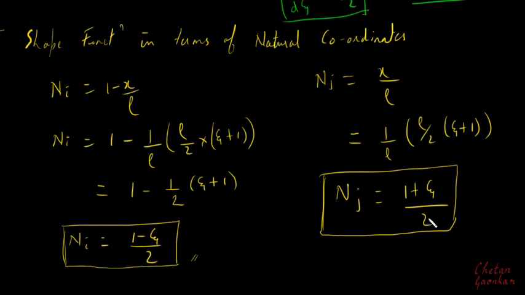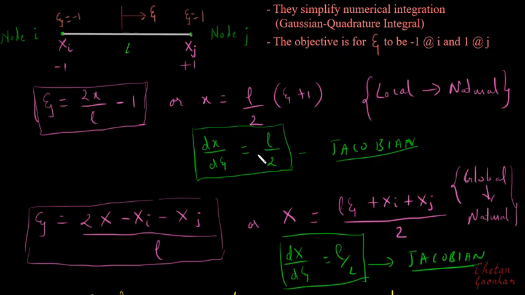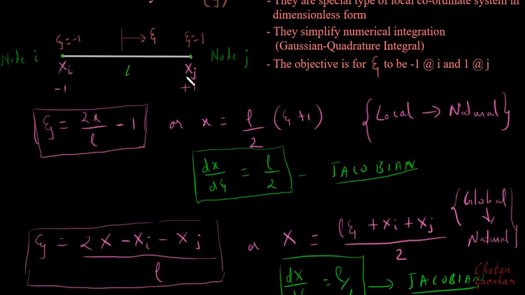Again, if we check the properties, the sum of the shape functions should be equal to 1. That is, minus xi and plus xi will cancel out, and half plus half will be equal to 1. And similarly, other properties like Ni equal to 1 at this node and Ni equal to 0 at this node will also hold true.